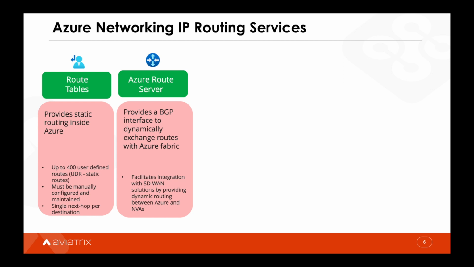So we run into an asymmetric routing scenario. And for devices that keep state, this will cause connectivity problems. Hence, when using firewalls in a high availability active-active scenario, it is still required to use static routes in UDRs, as we mentioned earlier, just to make sure that the traffic is always kept symmetrical.